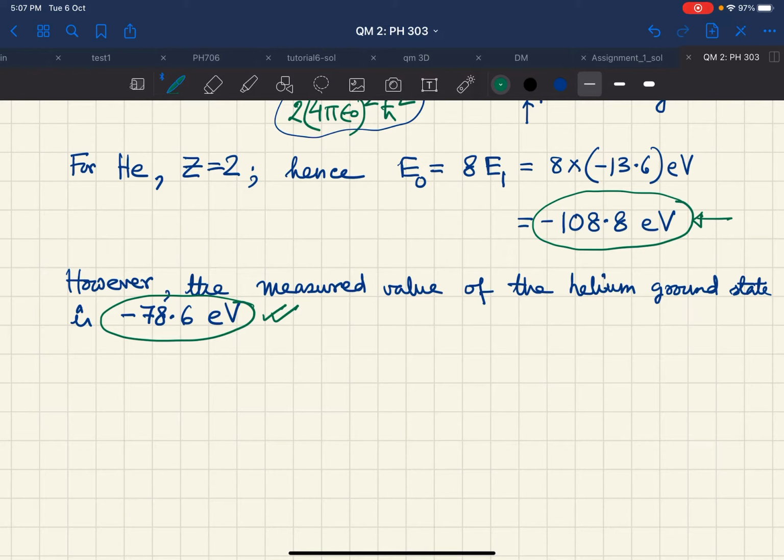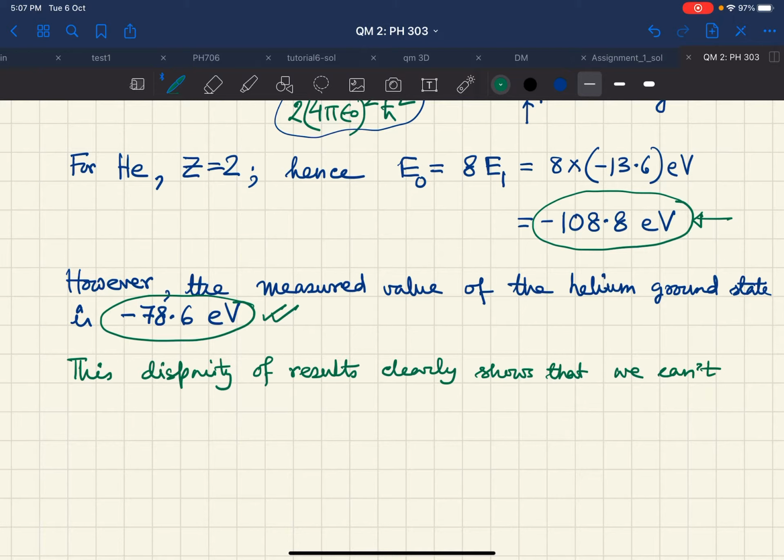Now, this disparity of results clearly shows that we cannot neglect the mutual repulsion between the electrons.